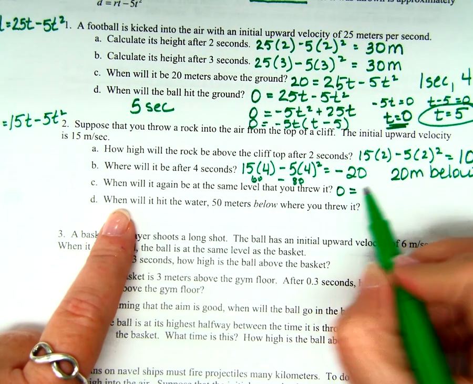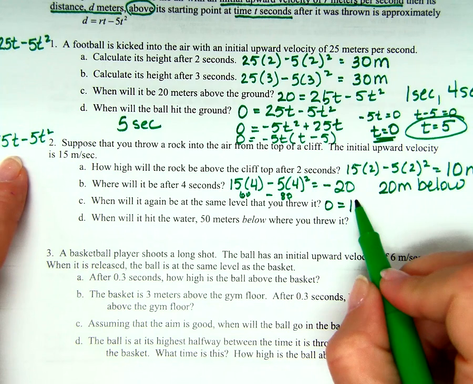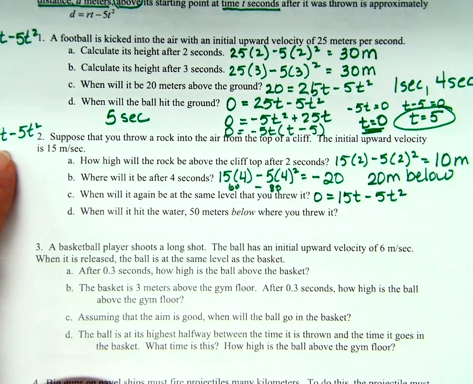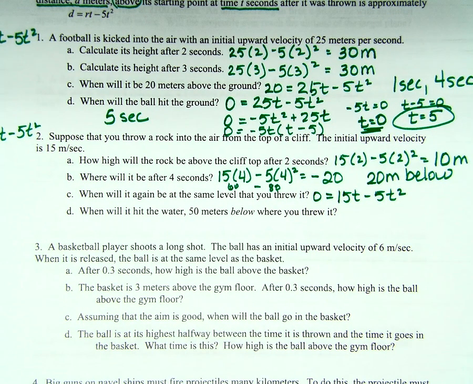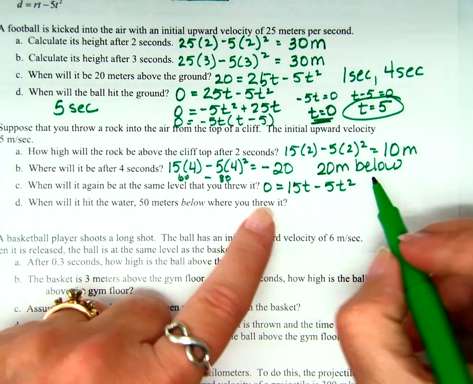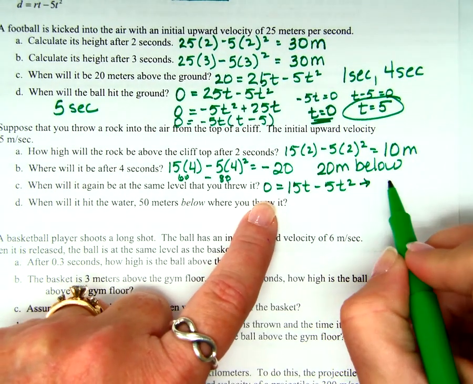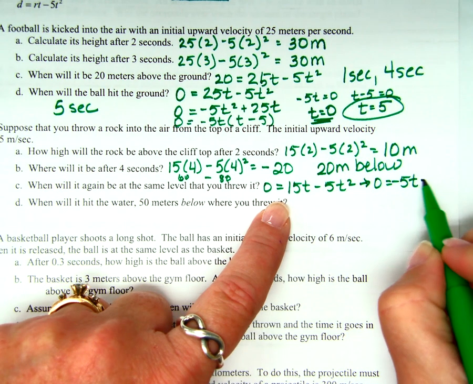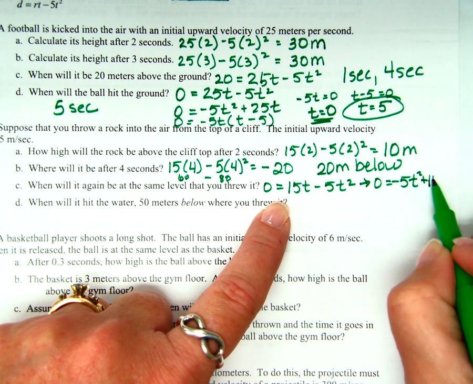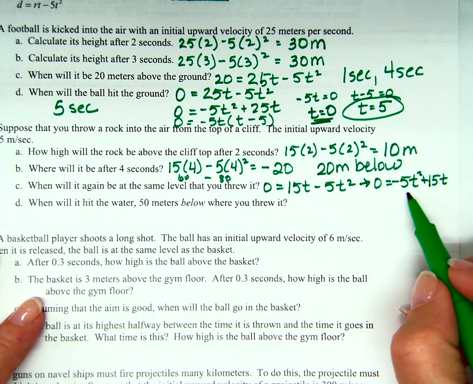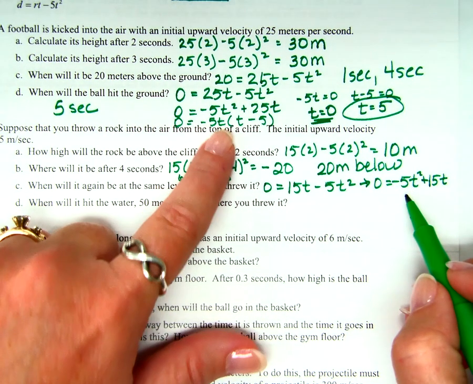0 equals 15t minus 5t squared. How am I going to solve that? Oh, rearrange it? Okay. 0 equals negative 5t squared plus 15t. So just factor like it up here on this one.